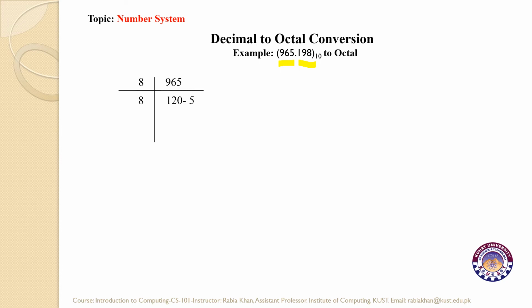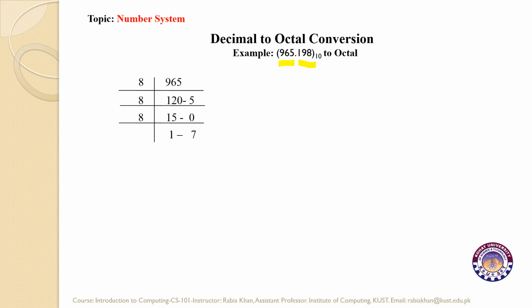The result is 120, and the remainder is 5. 120 is again divided by 8, and the result is 15, while the remainder is 0. 15 is again divided by 8, and the result is 1 as quotient and 7 as remainder.